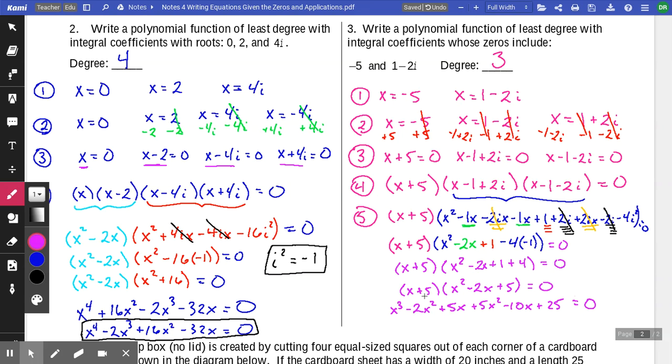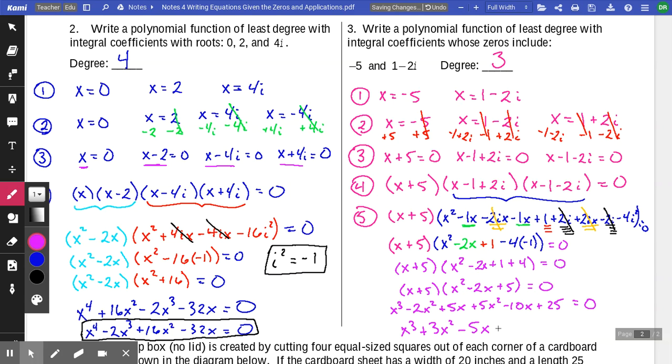Okay, and if we can just combine like terms, we should be finished here. So we get x to the third. And then we have the negative 2x squared and the positive 5x squared. That is plus 3x squared. We have 5x minus 10x. That's minus 5x.